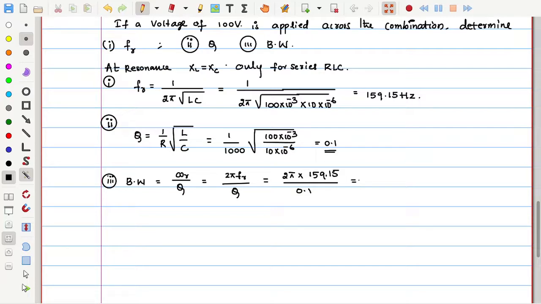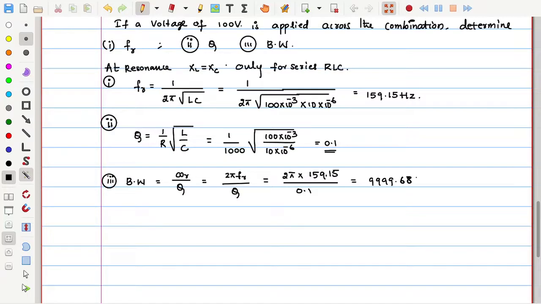How much is this answer? 2 pi into 159.15 divided by 0.1.